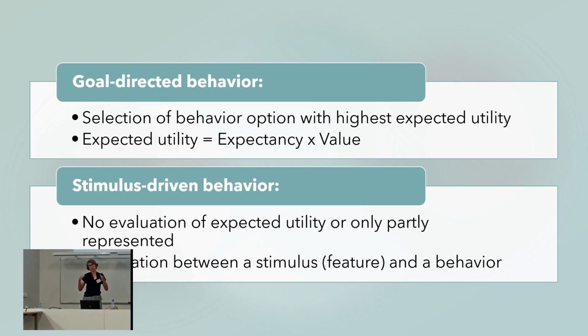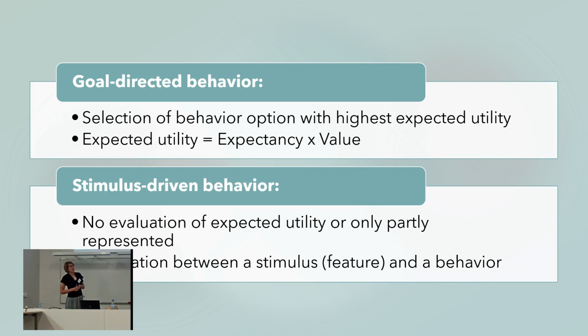Of course, this is not restricted to only one goal. One behavior can also satisfy different goals. But the idea is that you assess which behavior is the best to satisfy your goals. And then we contrast this with stimulus-driven behavior.